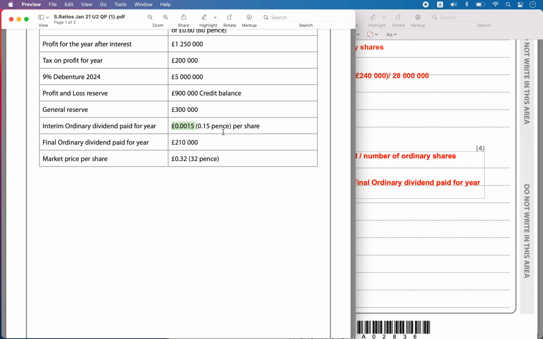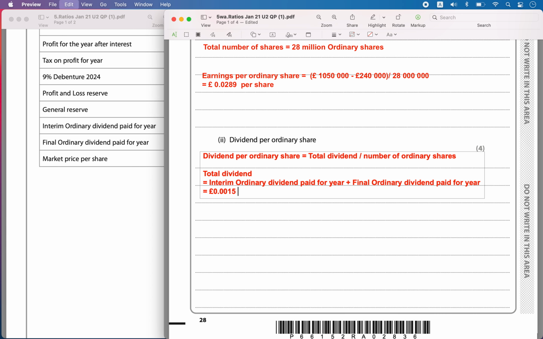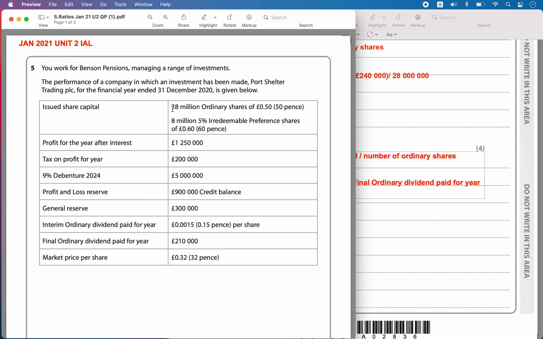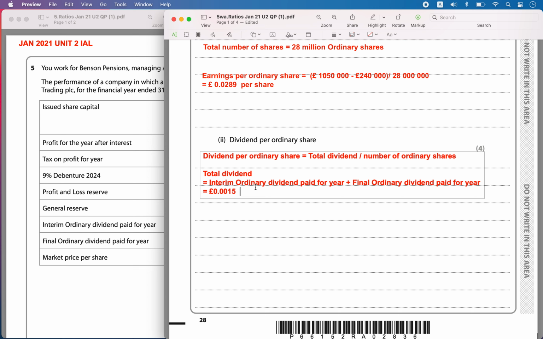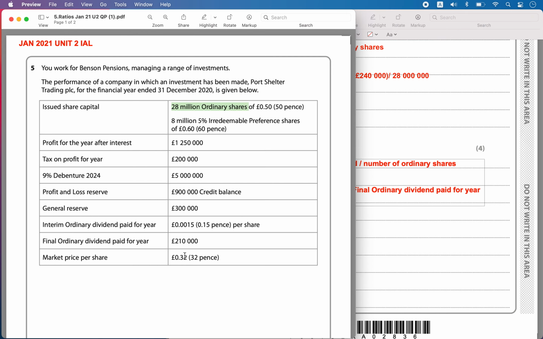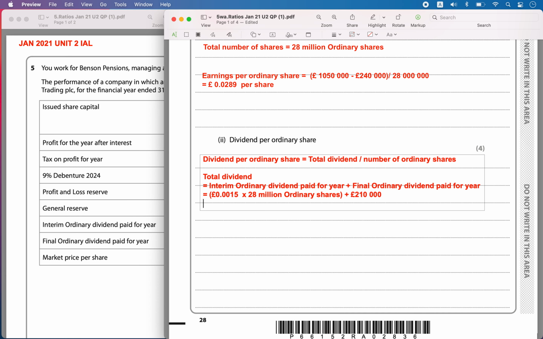Interim dividend is equal to 0.0015 pounds into the number of shares, 28 million ordinary shares. So if each share is paid 0.0015 and there are 28 million shares, we find the total interim dividend paid, plus the final ordinary dividend. The final ordinary dividend they have given us as 210,000 pounds.